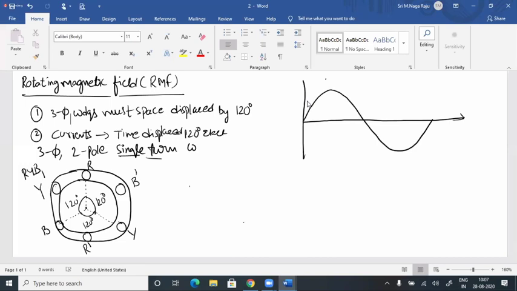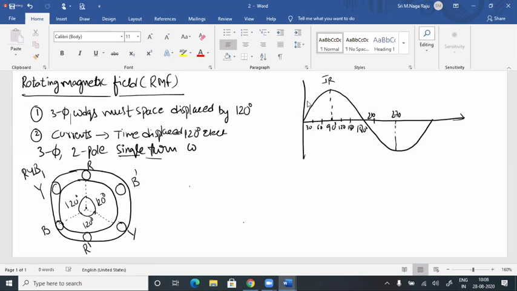This is R phase current, IR. This is 90 degrees, 180 degrees, 30, 60, 120 and 150. After this, this is 270.